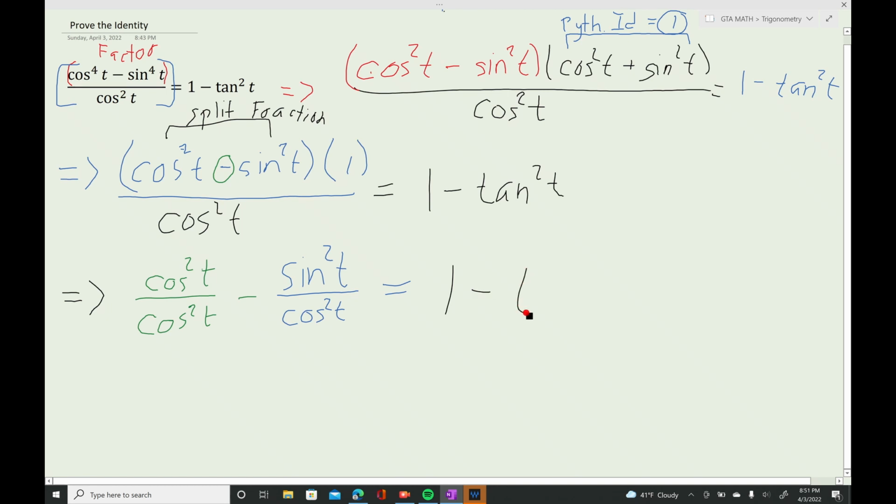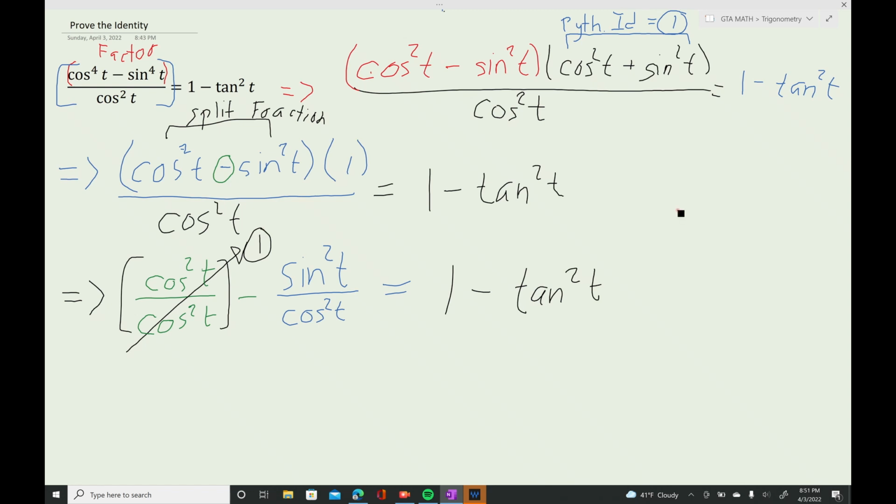All of this still is going to equal 1 minus tan squared t. If we see this, we know this simplifies to 1. And sine over cosine equals tan.